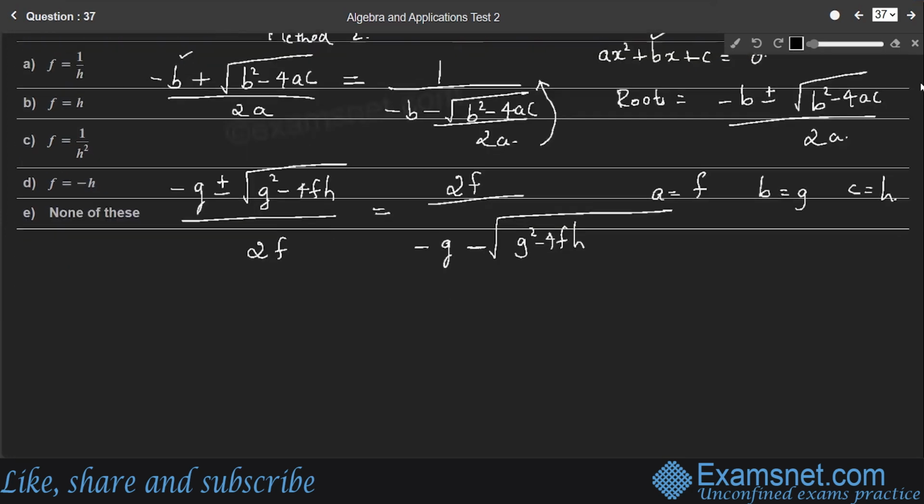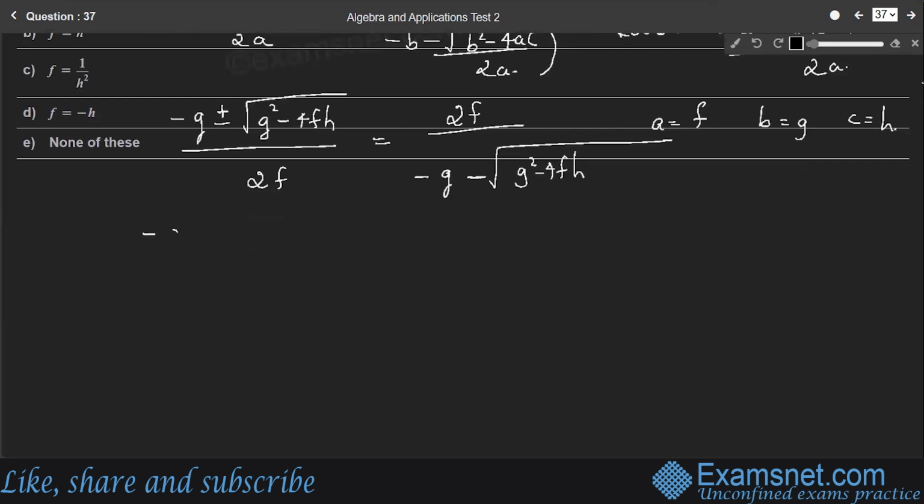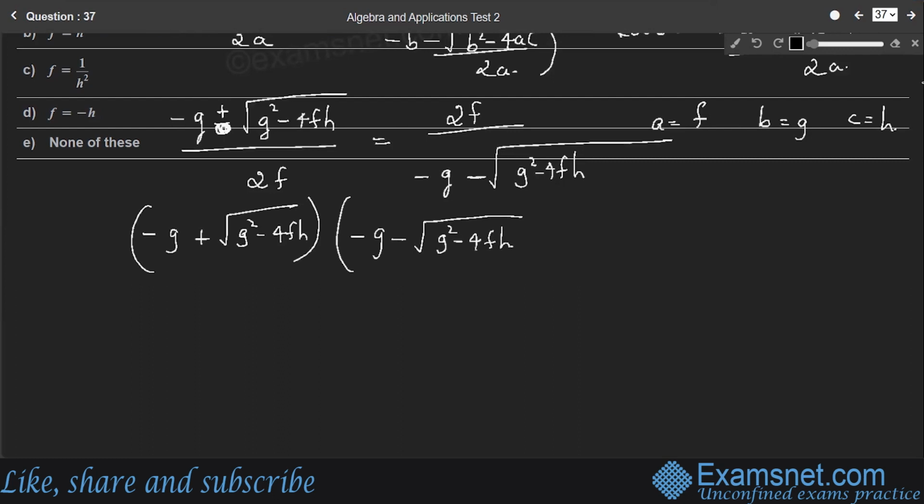So let us simplify it. Here this is plus, not plus or minus. So plus root of g square minus 4fh. Take the minus g minus root term to the LHS, so that we get minus g plus root of g square minus 4fh, times minus g minus root of g square minus 4fh, is equal to 2f into 2f, which is 4f square.